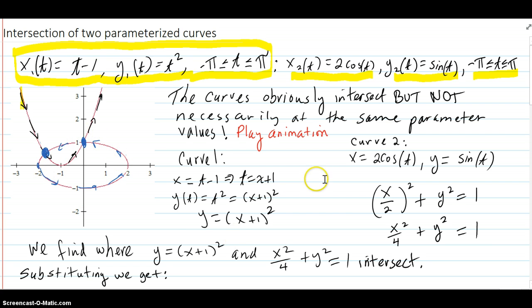But let's see an animation on that, because what we're trying to show here is we're going to find these intersection points, but we're also going to establish that the curves, yeah, they intersect, as you can obviously see, but not necessarily at the same parameter value. In other words, they might collide or they might not when they're being traced out.